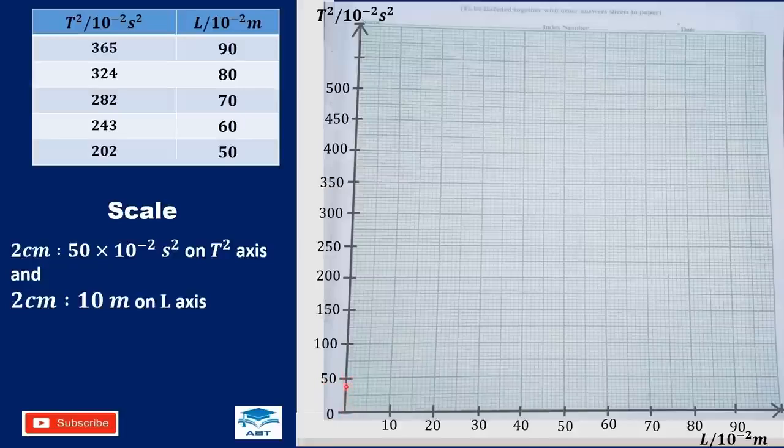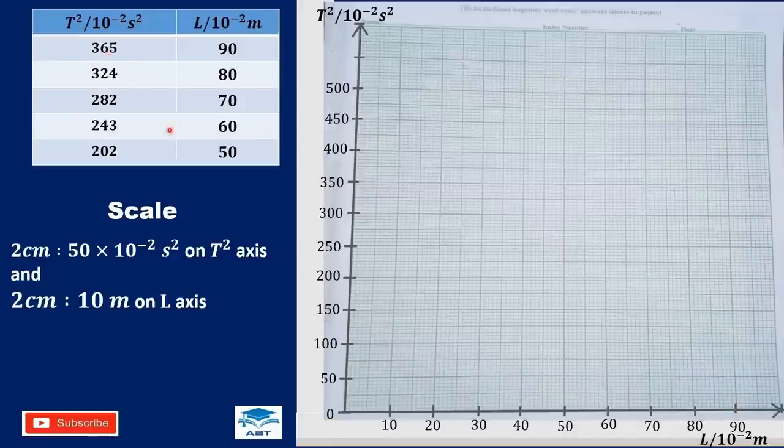So one small box on the vertical axis is 5. And on this axis too, we have 10 divided by 10, so one small box on the horizontal axis is 1.